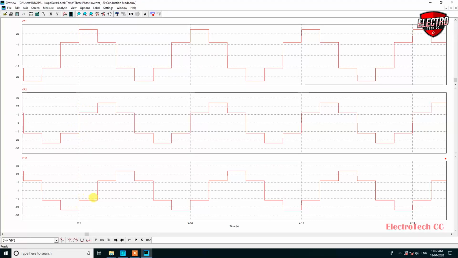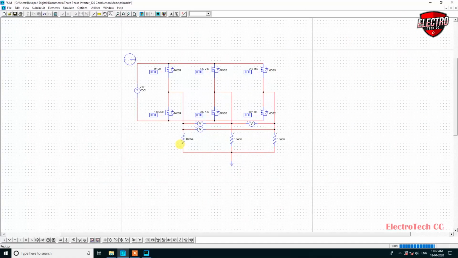Now let us check the phase voltage. So I am using a voltage probe in each phase. Connect to each phase and remove all the voltage probes from the line voltage, all the connections.